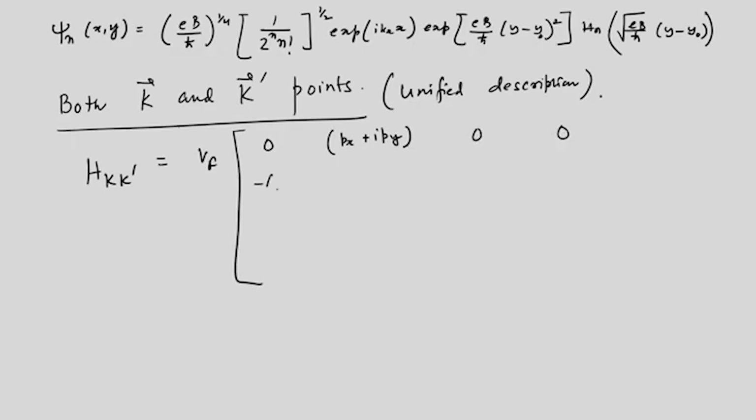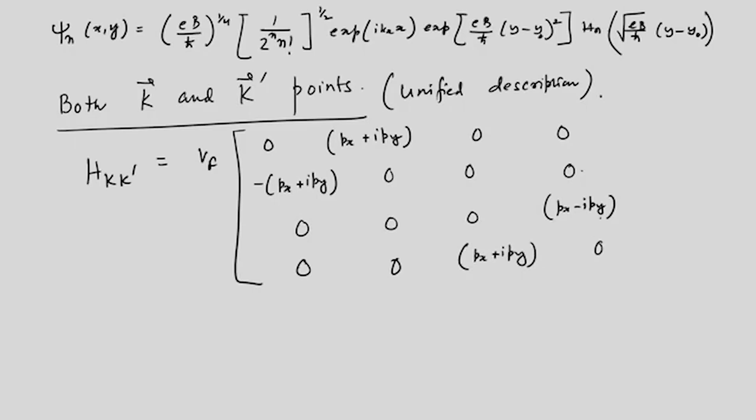This is a minus px plus ipy 0 0 0, and this is a 0 0 0 px minus ipy and a 0 0 px plus ipy 0 and so on. Okay. So, this is the Hamiltonian that one has to solve, and by solving, again one gets these Landau levels, which you have already got.